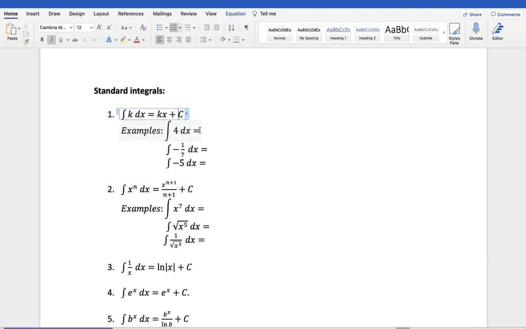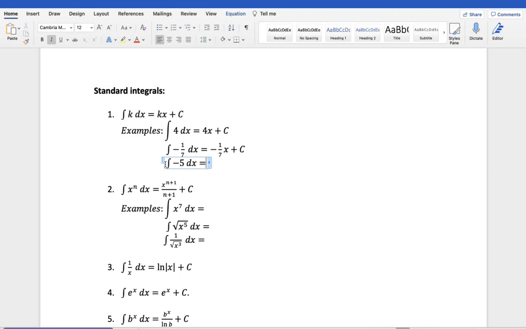So if we look at a few examples, when we're trying to find the integral of the constant 4, based on what the first rule tells us, this is just equal to 4x plus c, right? Same applies for the integral of -1 over 7, which will just be -1 over 7 x plus a constant of integration c.